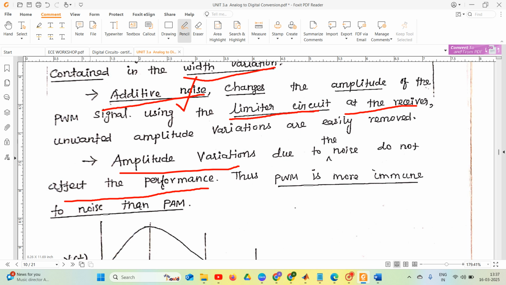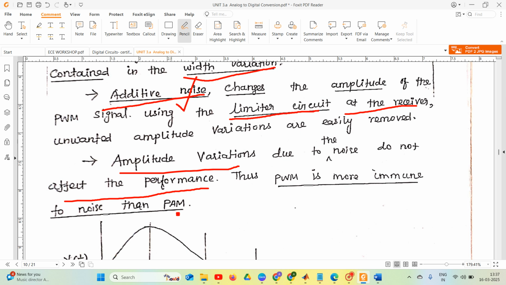It just affects the amplitude of PWM, but not the pulse width. So it is more immune to noise than PAM, because in PAM what happens?